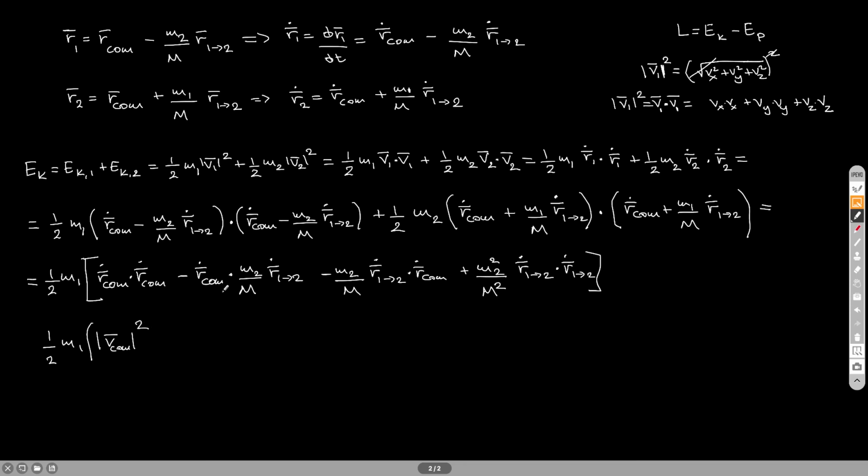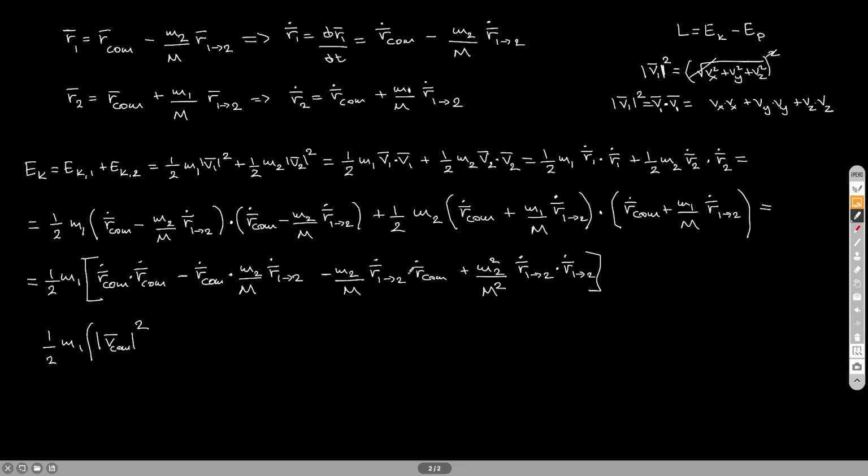Now, here is an important property of vectors. I have the velocity of the center of mass with the velocity of the relative position vector. First it's v of COM, and then the velocity of the relative vector, and then I have it the other way around.